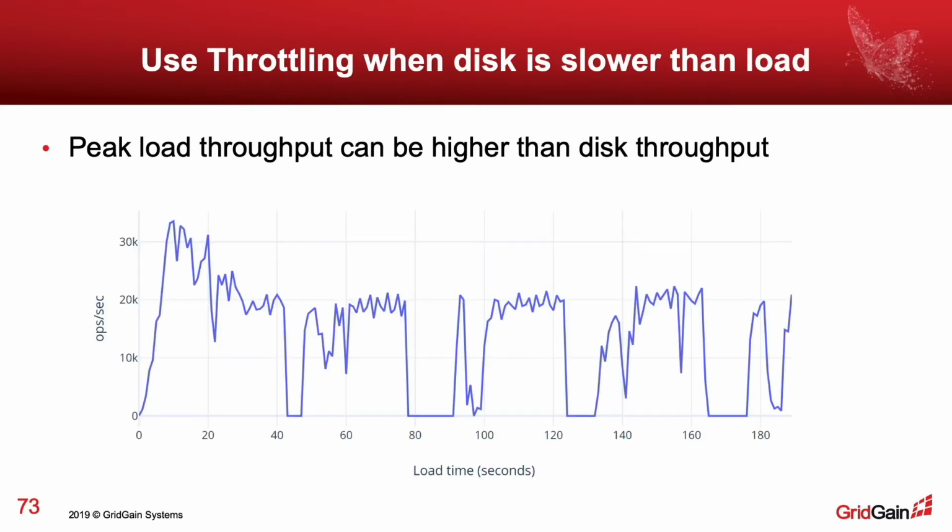Here's a typical pattern of operations per second, dependent on load time, in case your disks are not fast enough and they are slower, they can't handle all of your system throughput. At the beginning, your operations per second ratio is fine, but at some point it suddenly drops to 0 for some time, and then it recovers, and it still continues to drop to 0 from time to time.